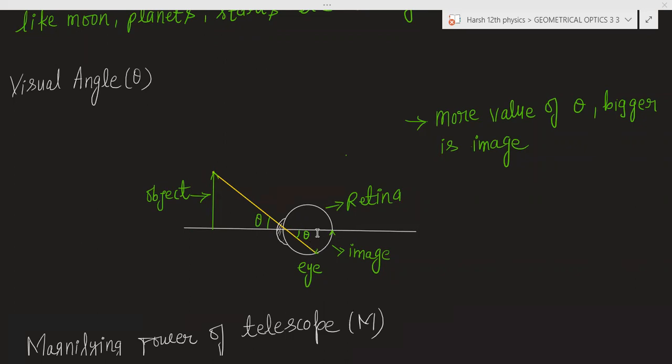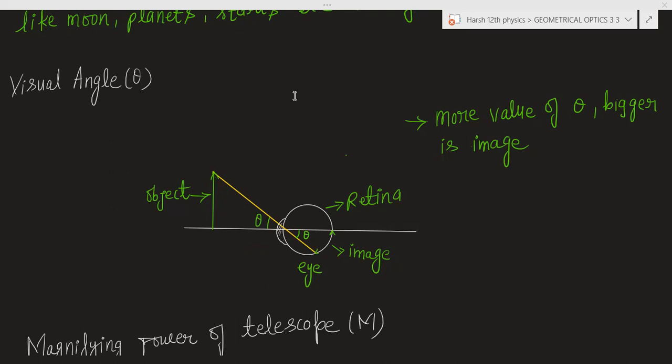By the way, this is the eye, and this is the object, and this object is subtending the angle theta. So basically, this angle, which the object subtends at the eye, is the visual angle. The angle subtended by the object at the eye is the visual angle.